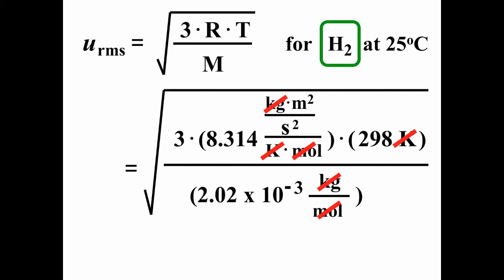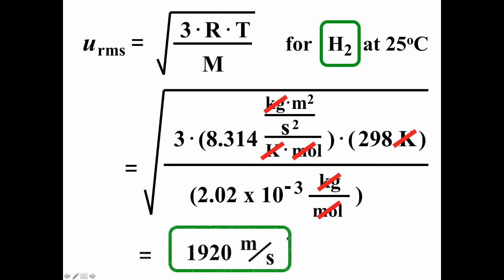So we plug in our values, same as before, except now the molar mass is 2 grams per mole, and that works out to be almost 2,000 meters per second, 1,920 meters per second, which is way faster than oxygen even at the high temperature. So you can see the big effect of smaller molar mass.